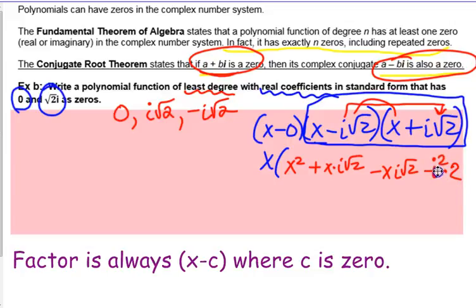So it's minus negative 1 times 2, which would be plus 2, yes? Okay, so we have an x out front. These two canceled out, and we had an x squared plus 2 back here.